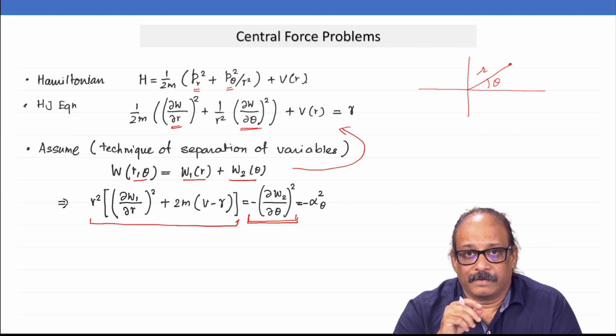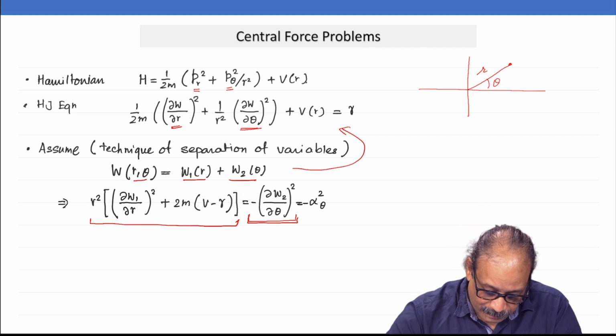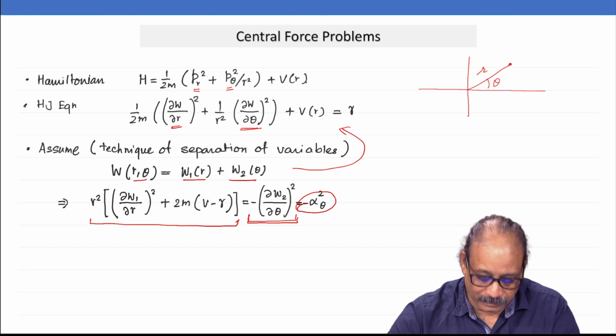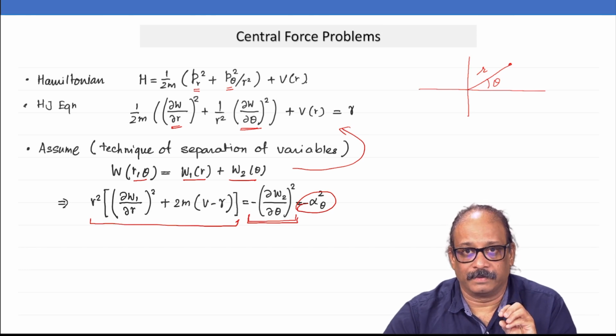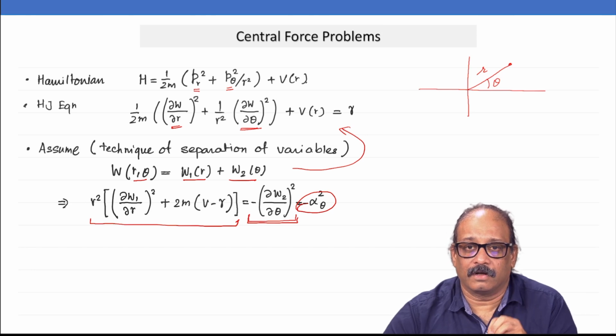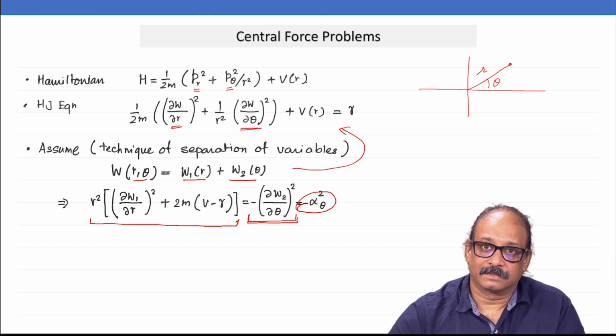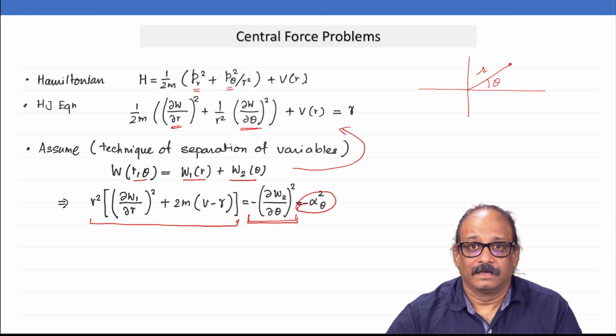Okay. Same argument. Remember, initially I will say that this part is not there. This is just the rearrangement of the Hamilton-Jacobi equation. This must be true. This is a point equation. So, it is true at all r and all theta. Okay. And now, this can happen only if at all r and theta, this has exactly the same value.